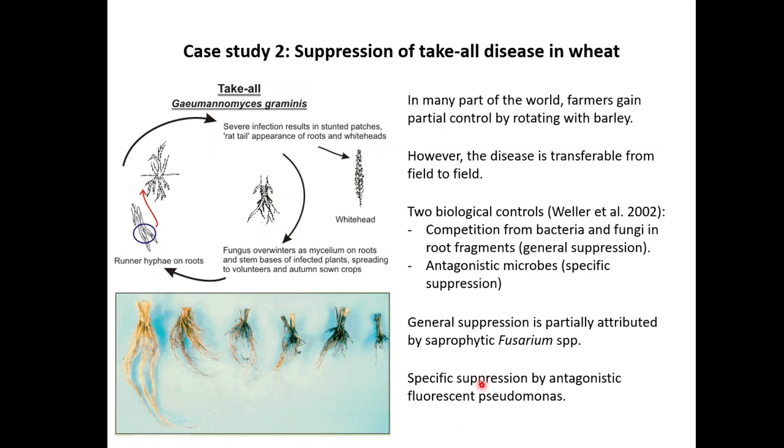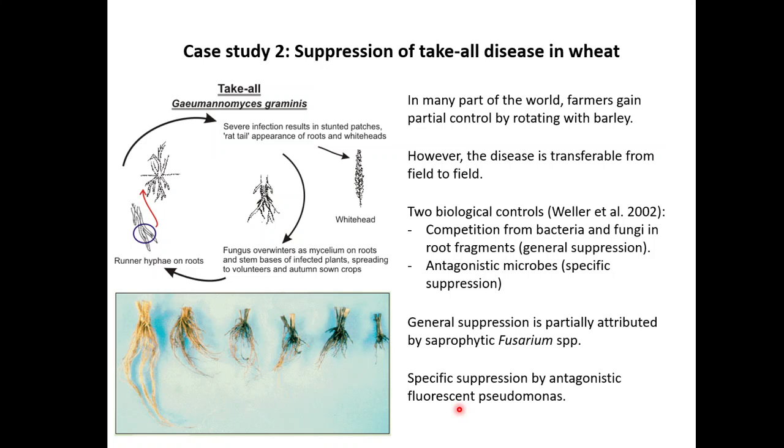Specific suppression can also be achieved by antagonist fluorescent Pseudomonas, which is an important means of biological control. This is the specific Pseudomonas called Pseudomonas fluorescens. The most effective biological control strains of Pseudomonas produce 2,4-DAPG.